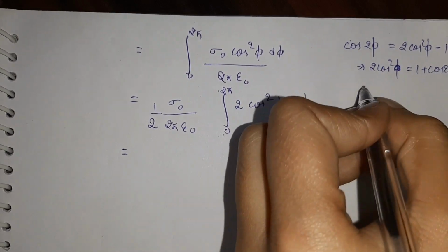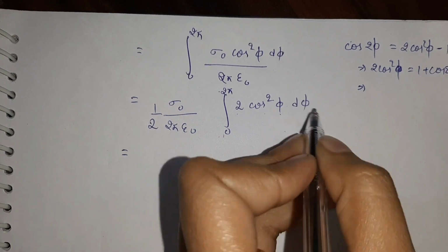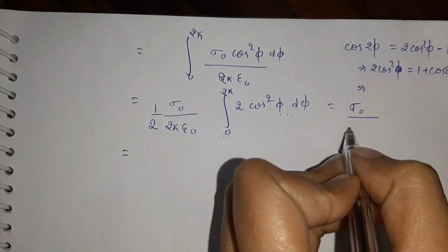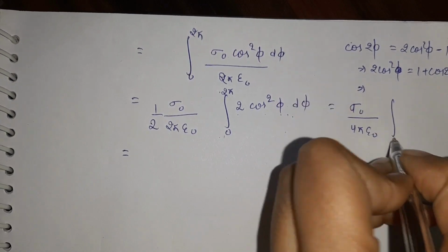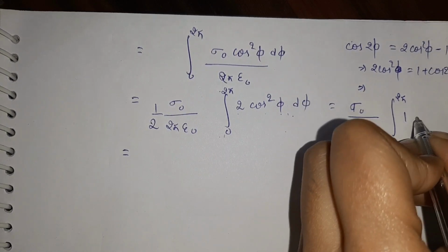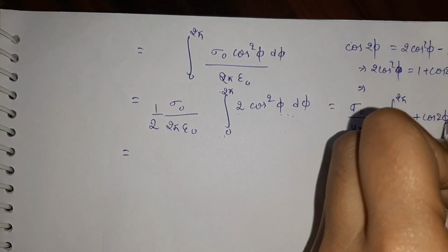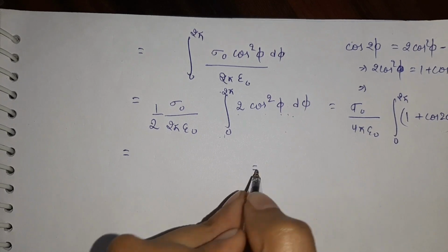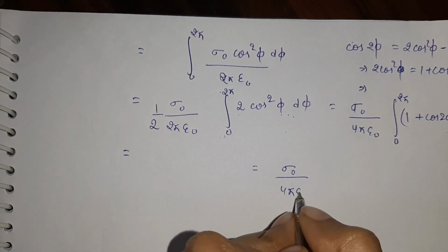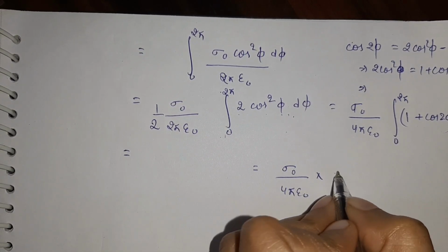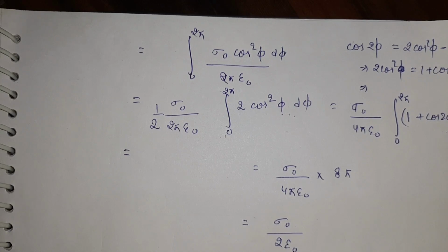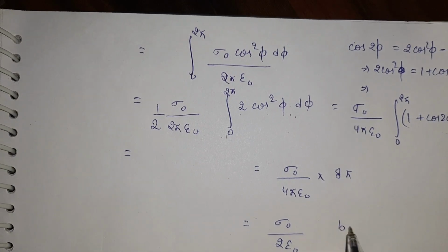Okay, and from here we can say sigma naught by 4 pi epsilon naught, integral from 0 to 2 pi of 1 plus cos 2 phi d phi. And now if we integrate this, we will get sigma naught by 4 pi epsilon naught multiplied by 2 pi, and from here we will get the value sigma naught by 2 epsilon naught. Okay, so this will be our final answer. So option B is the correct option.